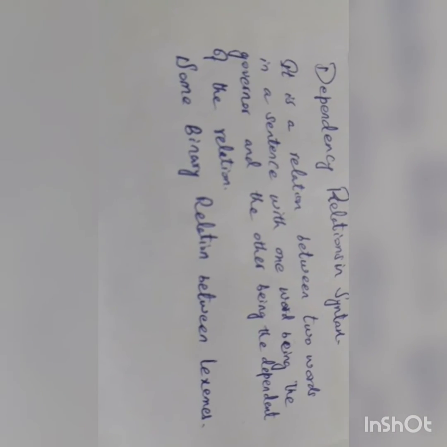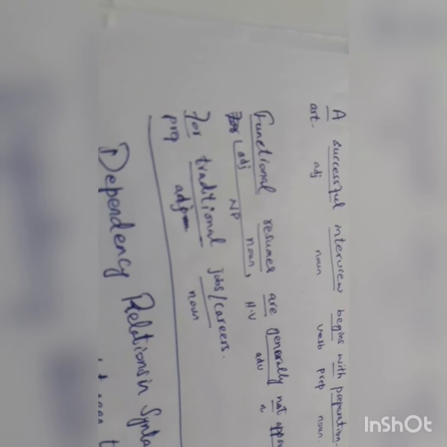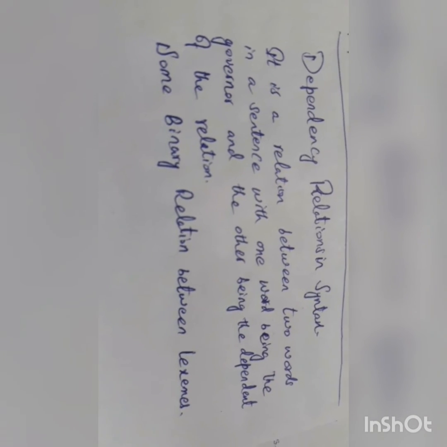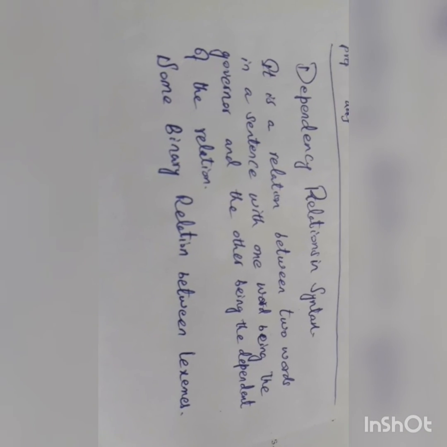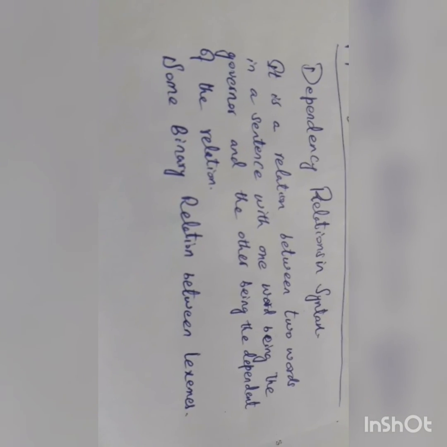Like we have said in the previous sentences, this is a noun phrase. Functional resume: one word is the governor, that is the noun, and the other, functional, is its dependent, so it becomes a noun phrase. This is their dependency on each other. Some binary relationships between the lexemes are also called the dependency of words in a sentence.